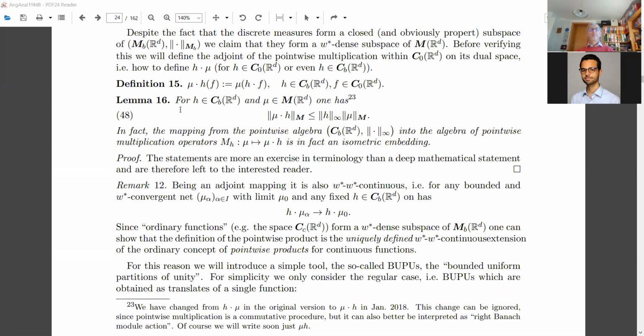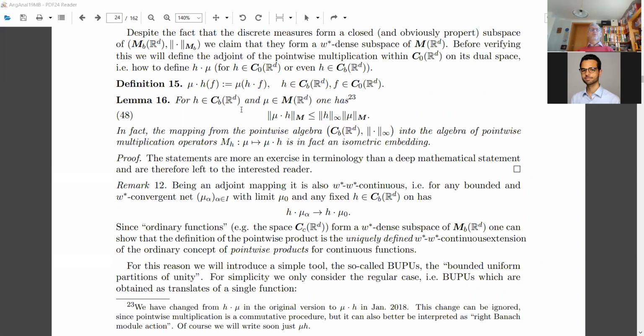And then the harmless lemma is, in this situation, the resulting new measure, which I call mu multiplied with h, and later on I will omit the point, is a bounded measure, and the size of the new measure is at most the size of the function h by which you multiply, which is the sup norm, times the size of the functional that you have multiplied by h.